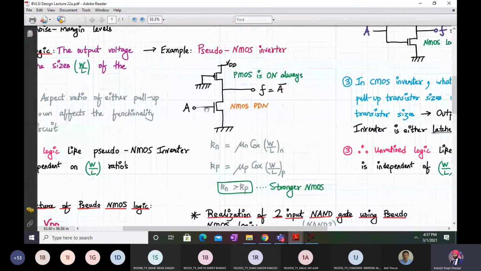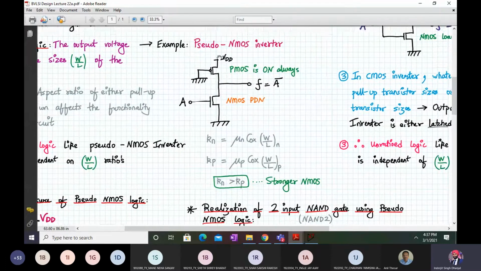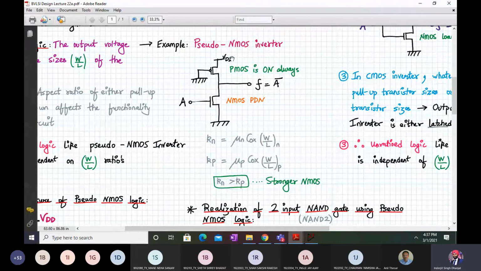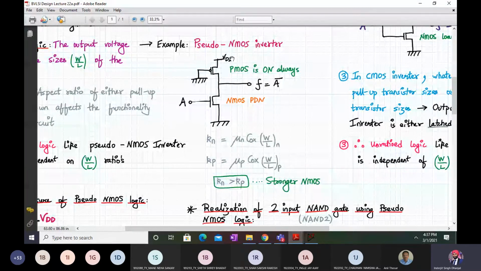So over here, if you see Kn, now you know what Kn and Kp are, right? So Kn is mu n Cox W by L of N, and Kp is mu p Cox W by L of P. So if you have an arrangement of a pseudo NMOS inverter, you should always keep the NMOS stronger than the PMOS. Okay, we will see what will happen if we don't do this. So that means Kn has to be greater than Kp.